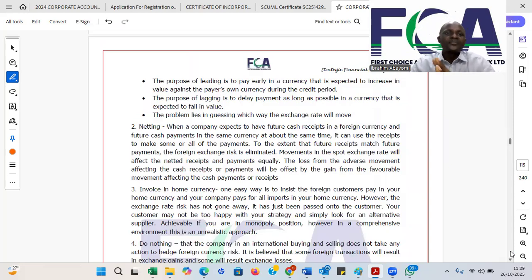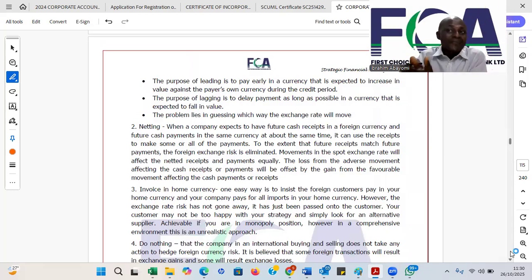Now, we have netting. Okay, netting. Netting will work if you have a foreign receipt and a foreign payment in the same country and of almost the same amount. I have someone who is owing me $10,000 in the United States, and I'm owing someone approximately $10,000 in the United States.